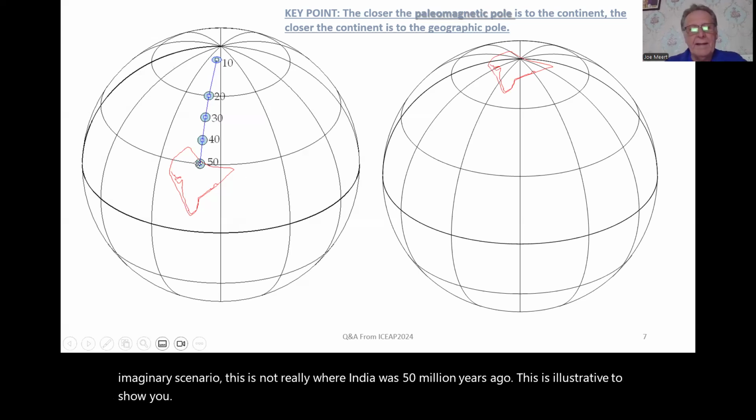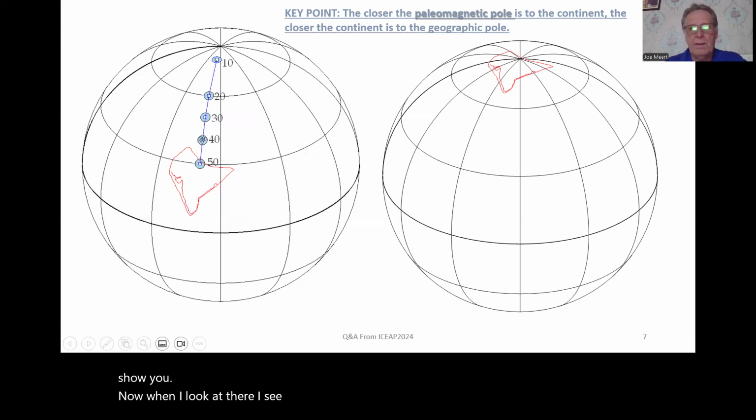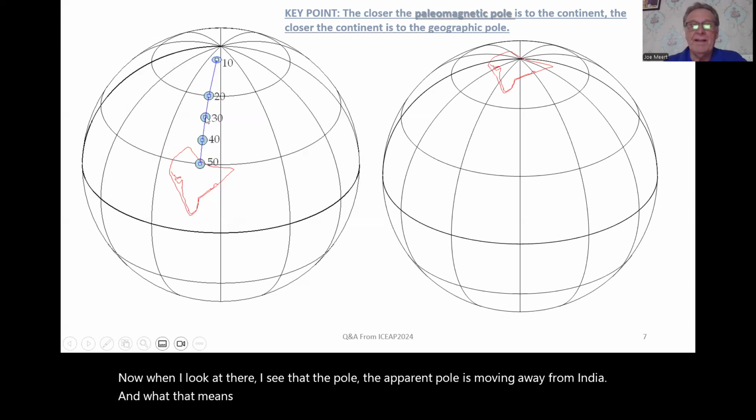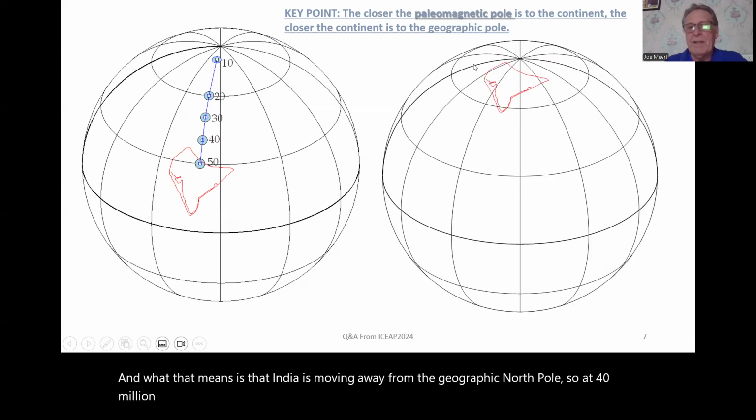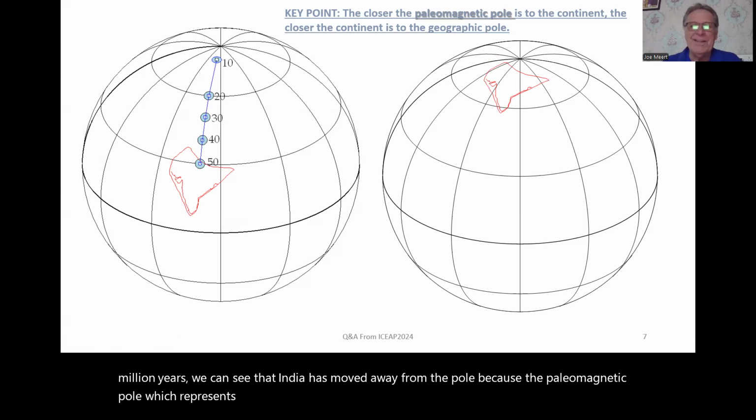Now, when I look at that, I see that the pole, the apparent pole, is moving away from India. And what that means is that India is moving away from the geographic North Pole. So at 40 million years, we can see that India has moved away from the pole because the paleomagnetic pole, which represents the geographic pole, has moved away from India.